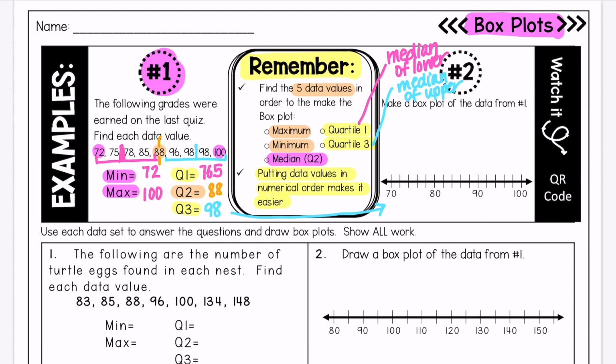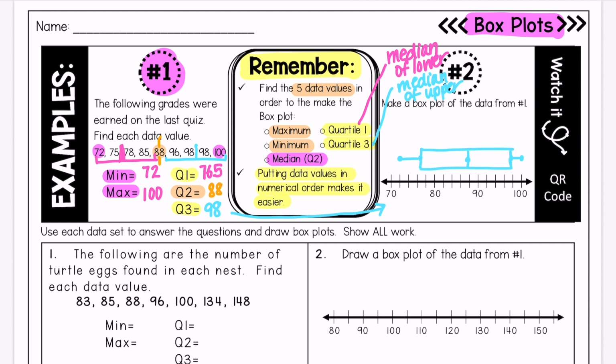So 72 is right here. 100 is over here. 76.5 is just going to be a little bit past that tick mark. 88 and 98. So what you do is you pull in with a line segment the minimum and the maximum, and these are your quartiles, quartile 1, 2, and 3, and you connect them with a rectangular box.